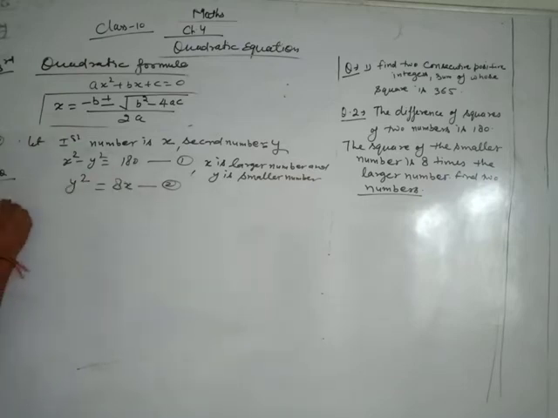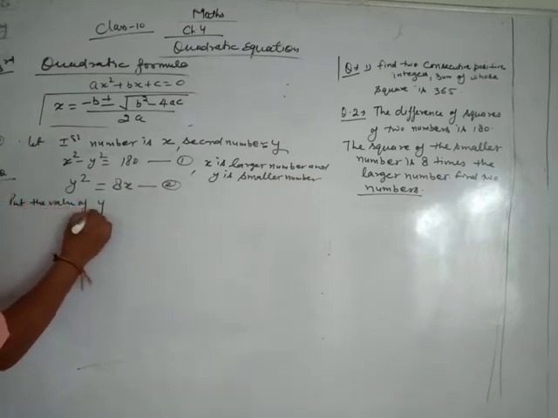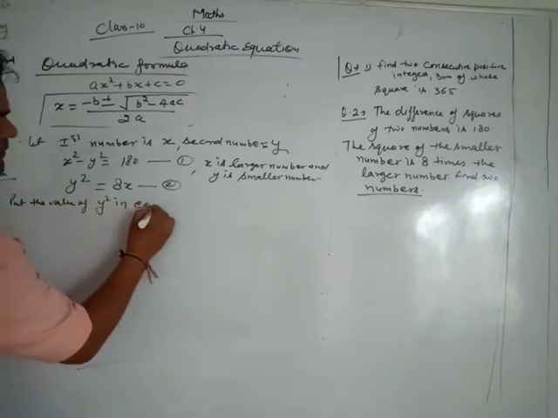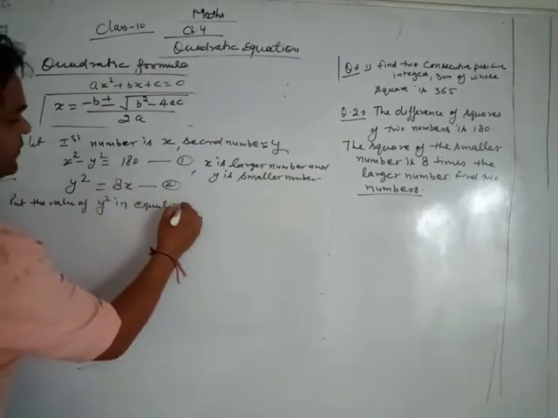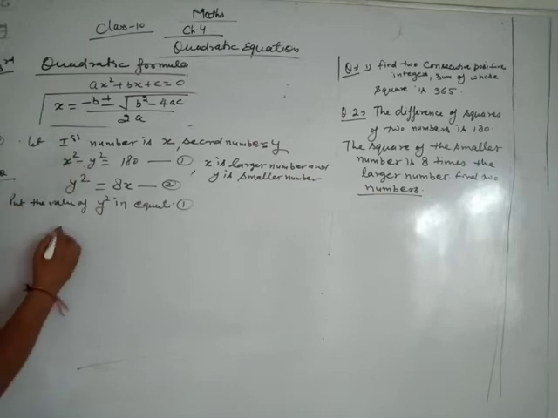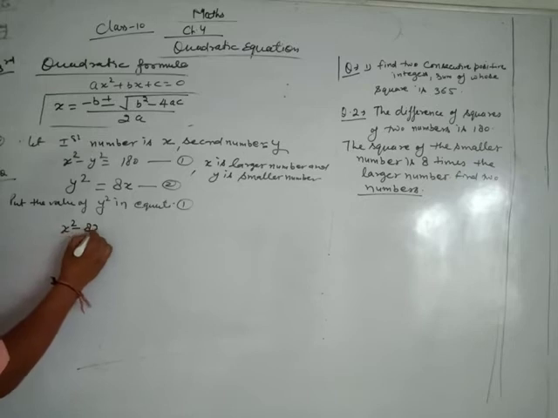So put the value of y square in the first equation, then we will get x square minus 8x equal to 180.